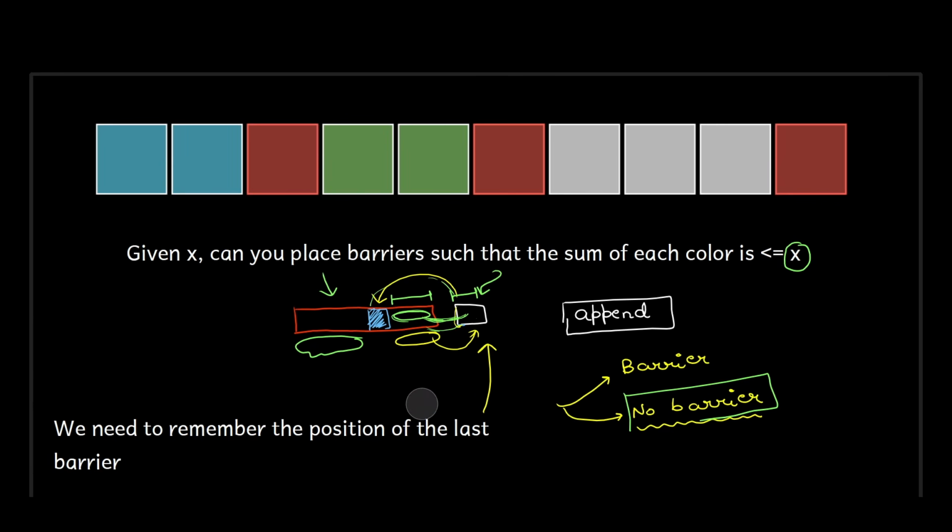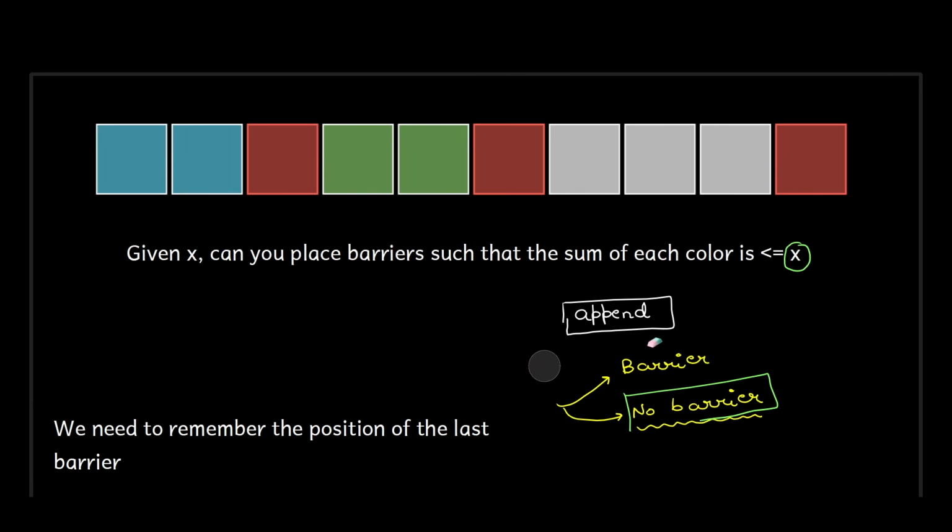But what about the other case where you want to append an element, because every time an element has two choices, right? You can either place it as not a barrier, or as a barrier.